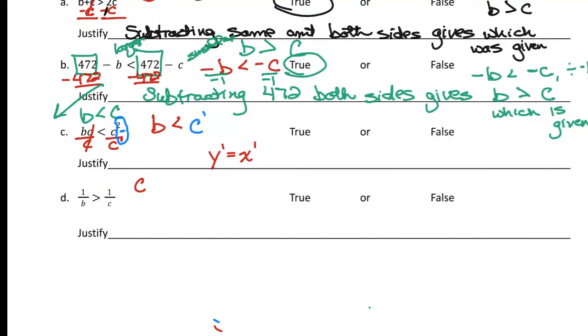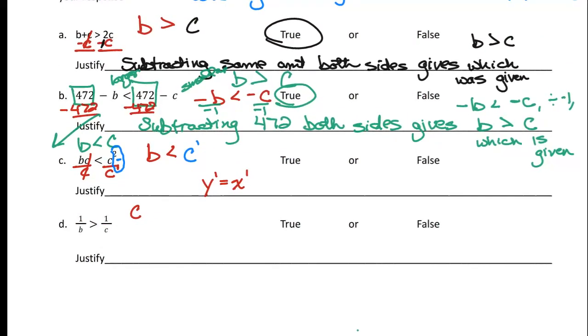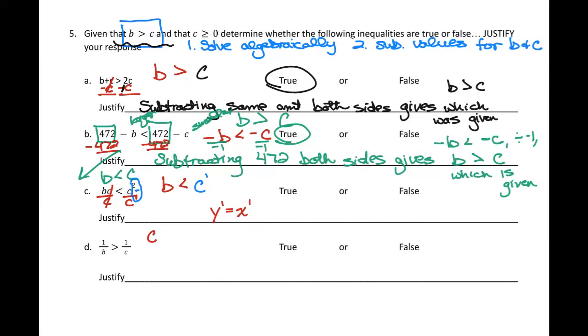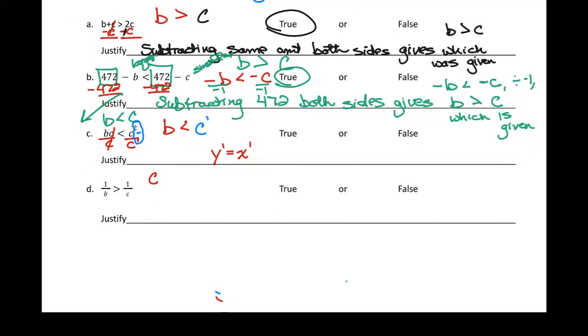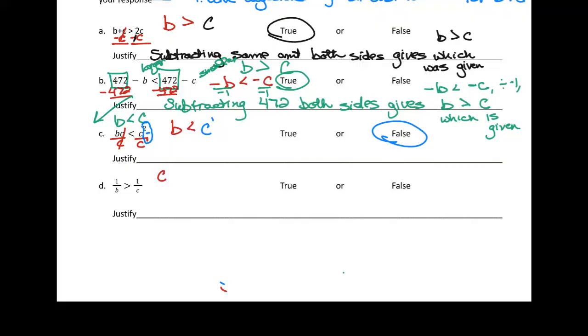And so, is b less than c? No, we were given that b is greater than c. So this is false for that one. Okay? False. And you could say just exactly what you did.